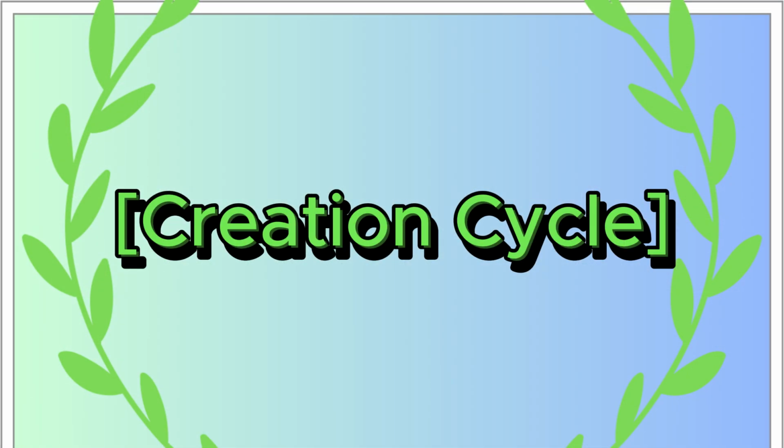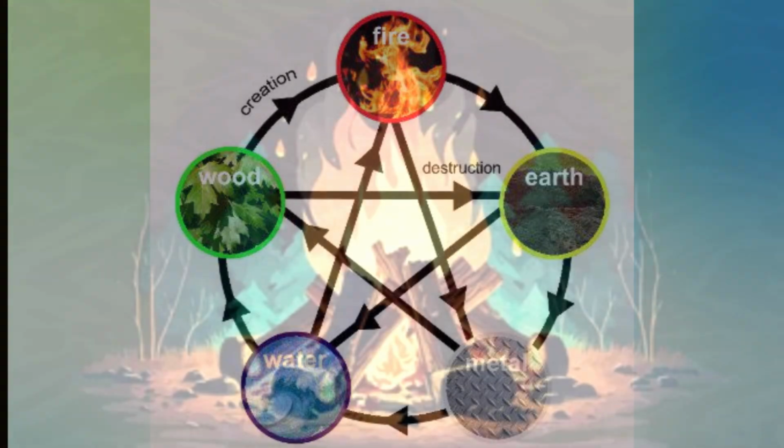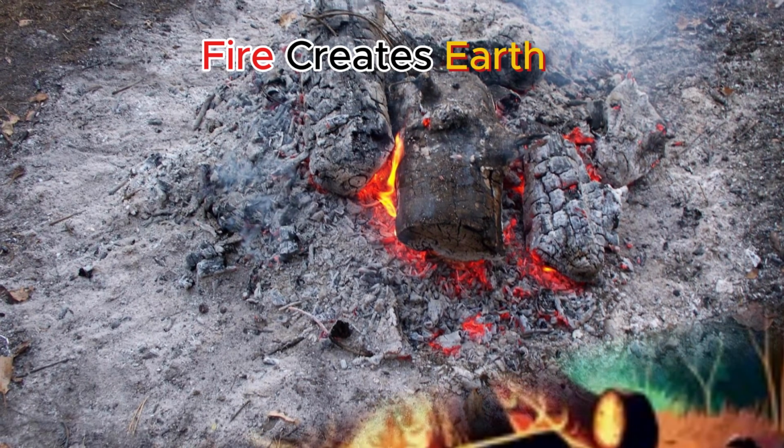First, let's talk about the creation cycle. I believe that most people already know the basic creation cycle, like the circle in clockwise direction in the figure. Traditionally, people explain this cycle using real physical objects. Wood creates fire, because wood can be burned and serve as fuel to generate fire.